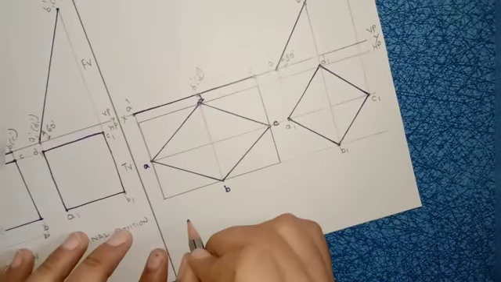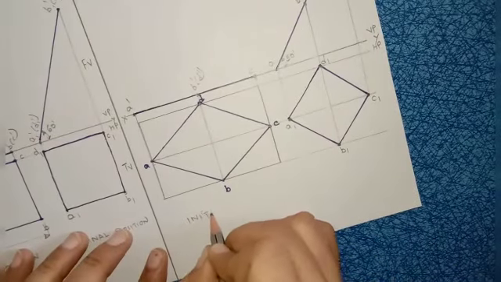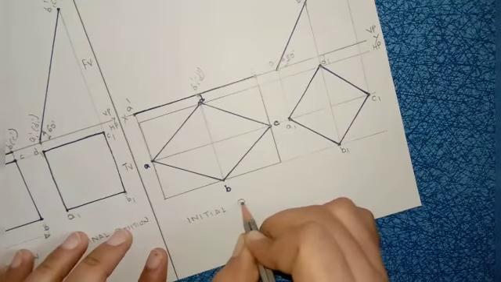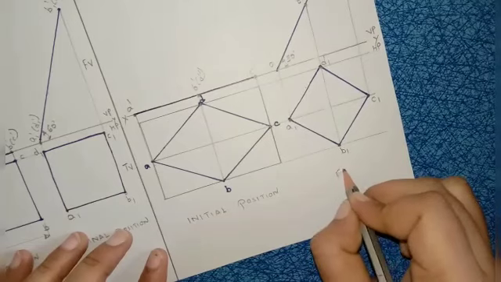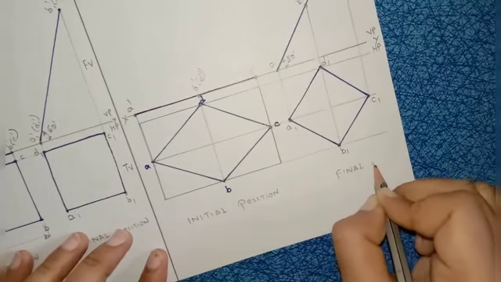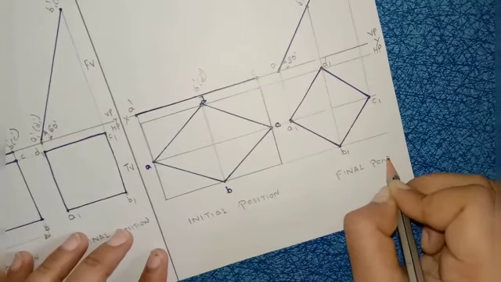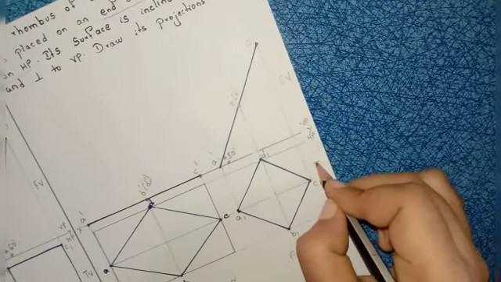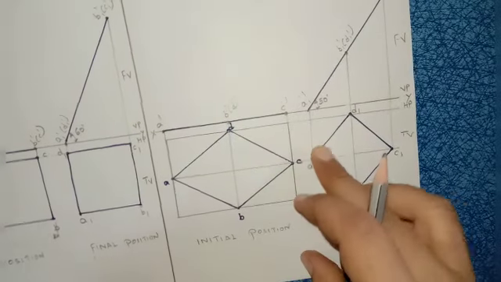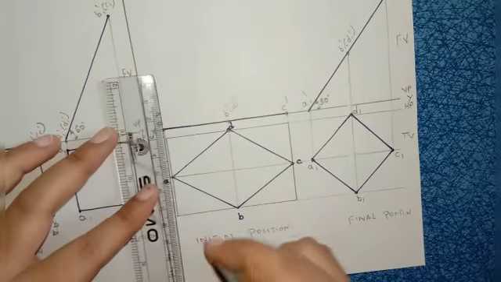Right, after completion of your problem, don't forget to write here initial position, and this is your final position. Always above the reference line we mark the front view, below the reference line we mark the top view. Right, mark the dimensions.